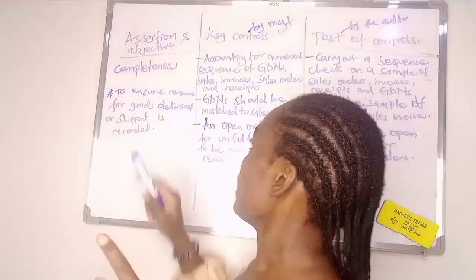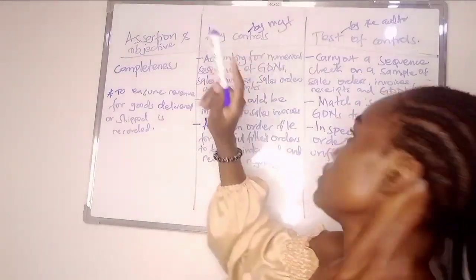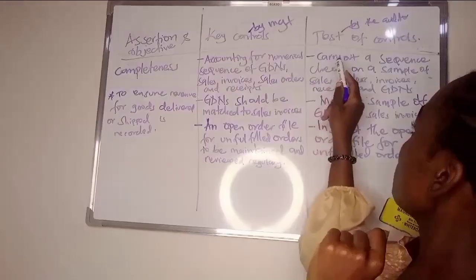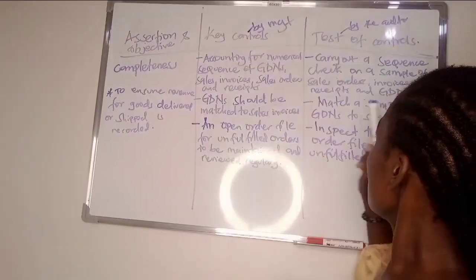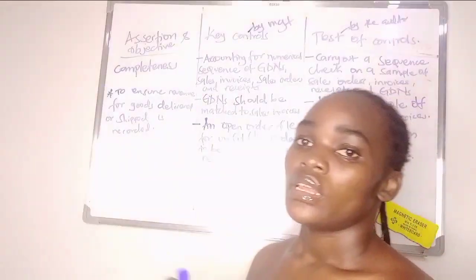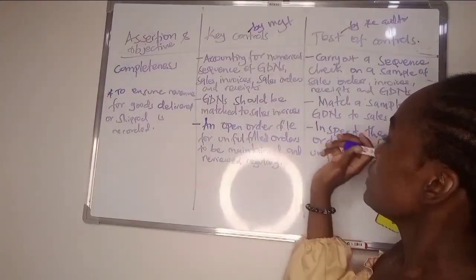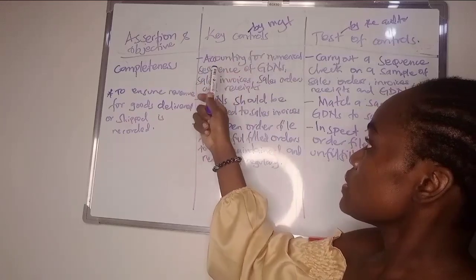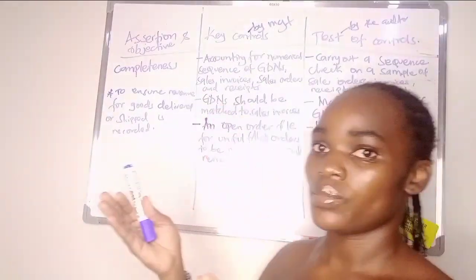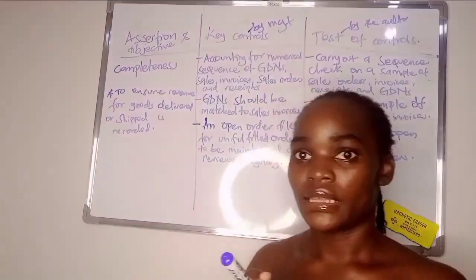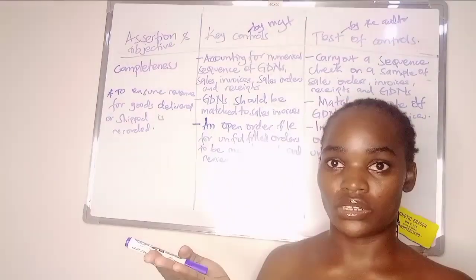So how can the auditor test this kind of control? So here the auditor is just supposed to carry out a sequence check on a sample. They will get a sample of the goods delivered notes, the sales invoice, the sales order, and then the receipts. One sample or two samples, and then they match them to see if they are really matching.